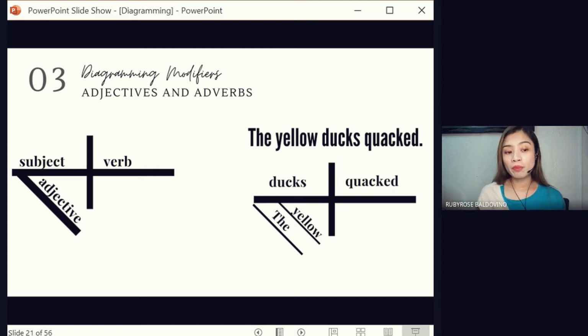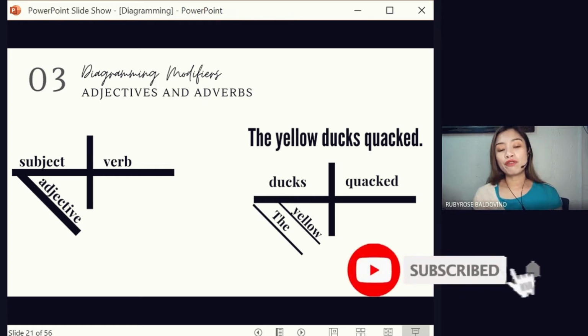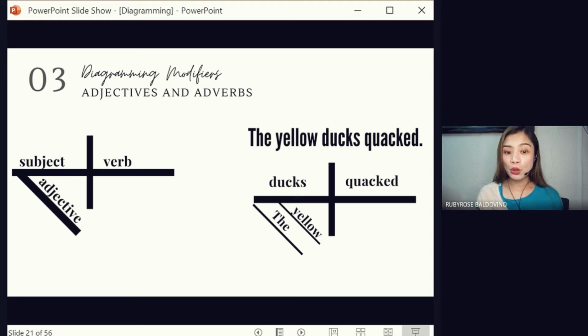Now we have to form a diagonal or a slant line at the bottom of the subject and place the article and the modifier or the adjective below the subject, below the noun that it describes. Looking at this example, ducks is our subject, and then we have the article the below, and of course the adjective yellow below the word ducks.